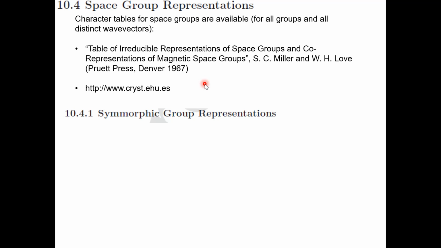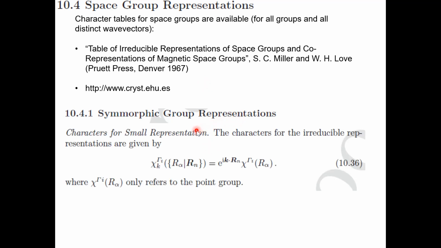So let's consider first symmorphic groups, and there is a distinction. If you remember the discussion we had last time about the group of the wave vector, for the gamma point, k equals 0, the point group associated to that wave vector was the same as the point group, or the rotation group, the full group factored out by the translations of the total group.